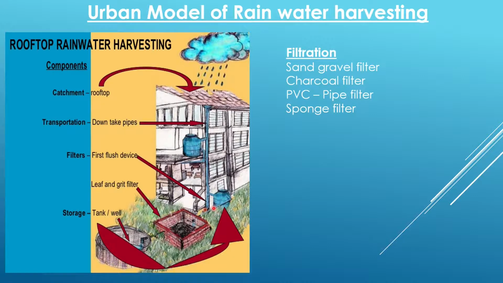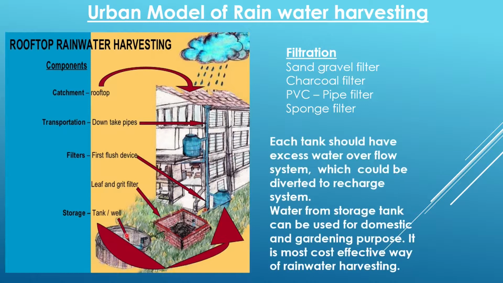Then it can use a leaf grit filter or sand gravel filter, charcoal filter, PVC pipe filter or sponge filter. And then the filtered water is stored in the tank or well.